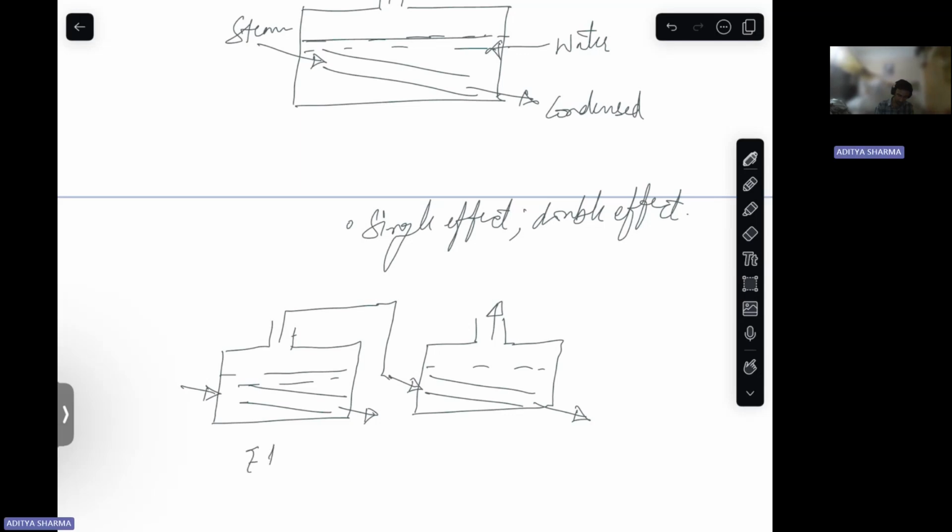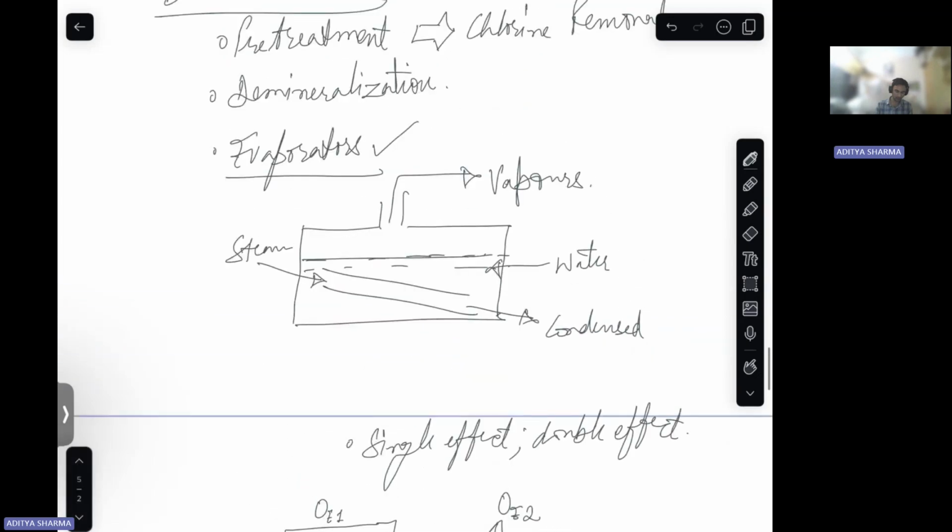This is evaporator 1, this is evaporator 2. So outlet of E1 is inlet of E2. Something like this. I hope you have understood, right? This is outlet of E2. So this is about your evaporators.